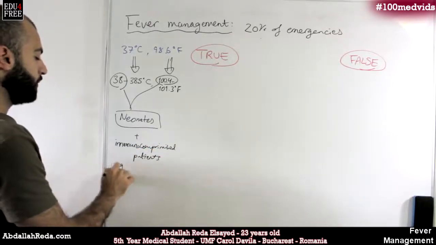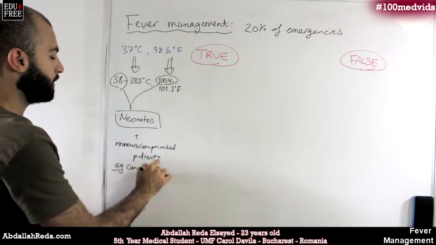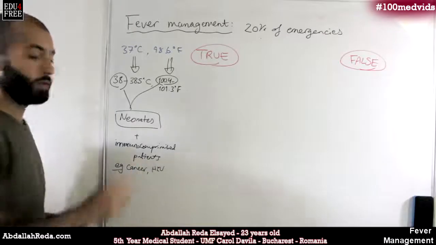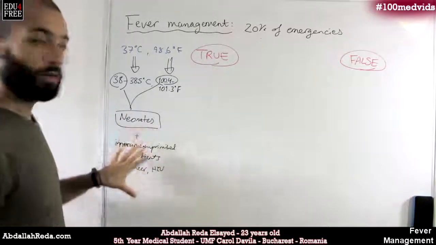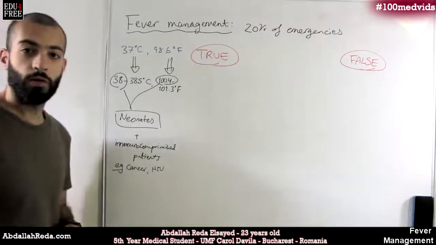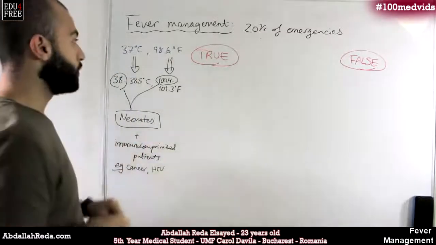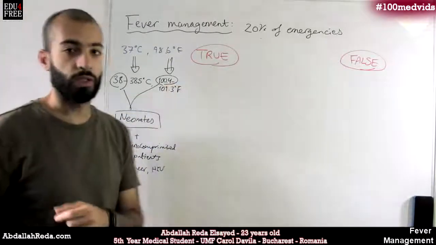For example, patients with cancer, HIV, and so on. So, in this category of patients, when we have just 1 degree more than usual, that would indicate that we have a fever and has to be checked out.